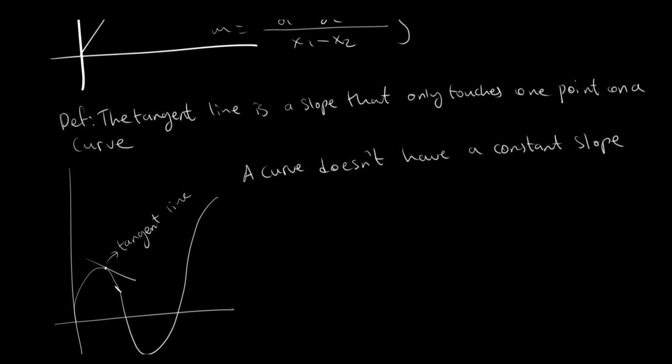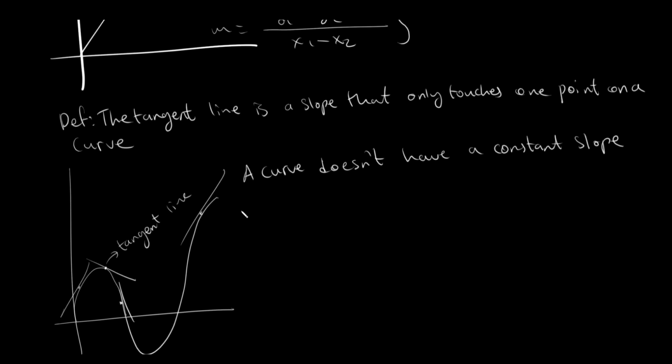So to find the slope at one specific point, we need to find a tangent line. But finding the tangent line at one specific point doesn't mean that every point has the same tangent line. This point here has a different tangent line, and this point too has a different tangent line. Every point has a different tangent line.